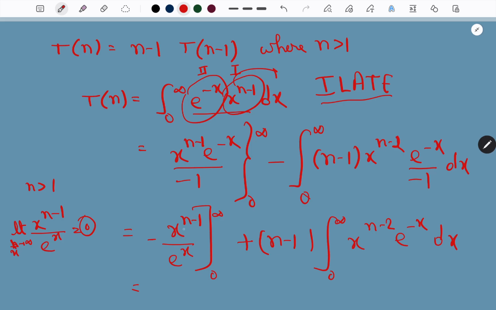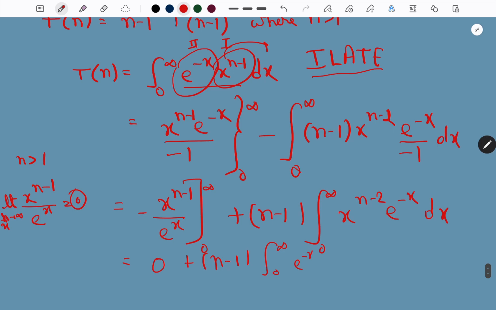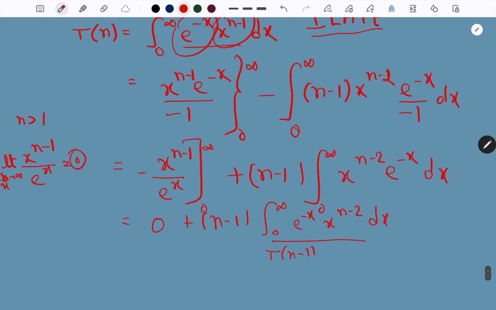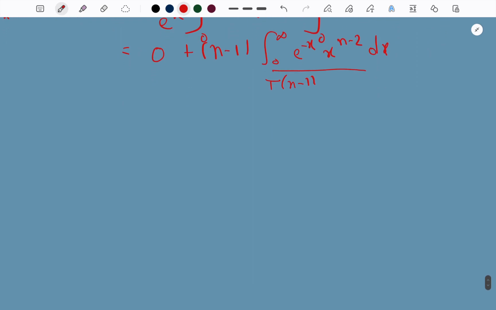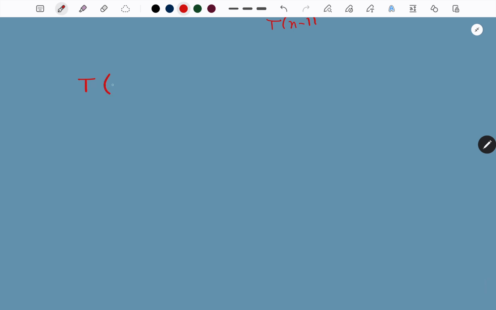So here it will be 0 divided by 1, so this will be 0 plus n minus 1 times the integral from 0 to infinity of e to the power minus x, x to the power n minus 2 dx, which is nothing but tau of n minus 1, and hence we say tau of n is equal to n minus 1 into tau of n minus 1. So in this case we can also say tau of n plus 1 can be written as n into tau of n.